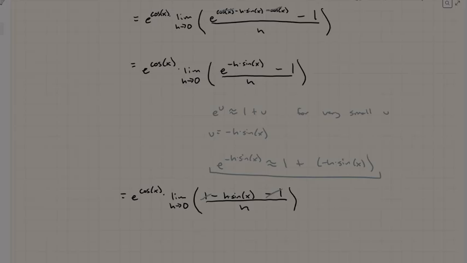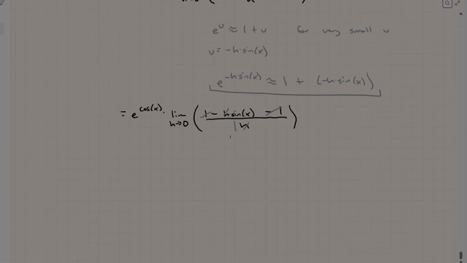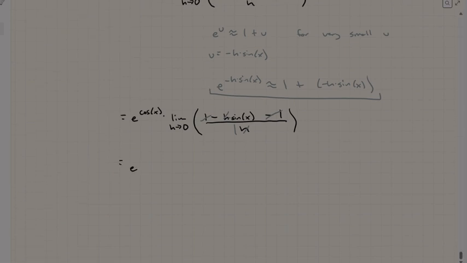And then also when we do that, now I've got negative h sine x over h. So then the h's will also cancel away. All right. So then what does that give us? e to the power of cosine x times the limit as h goes to 0 of negative sine x over 1.